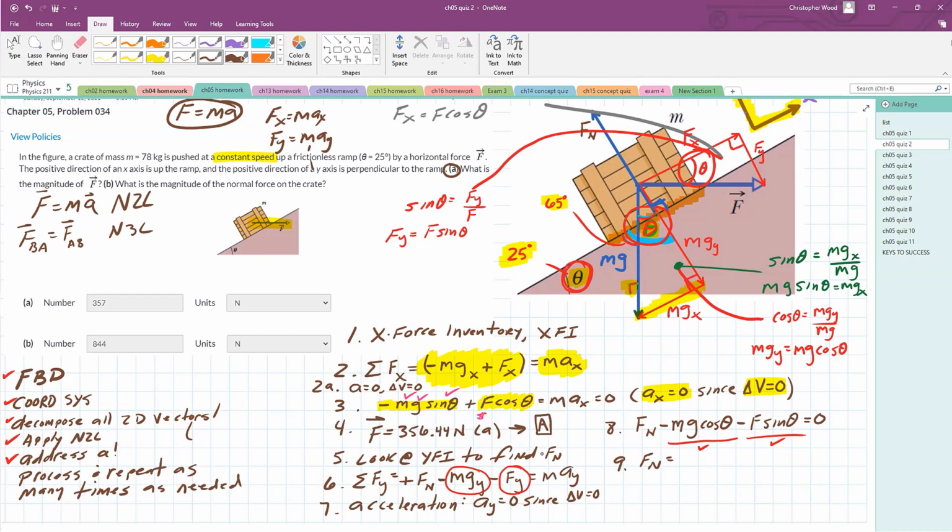Okay, 843 and some change. 843.42 newtons. This is the answer to part B.